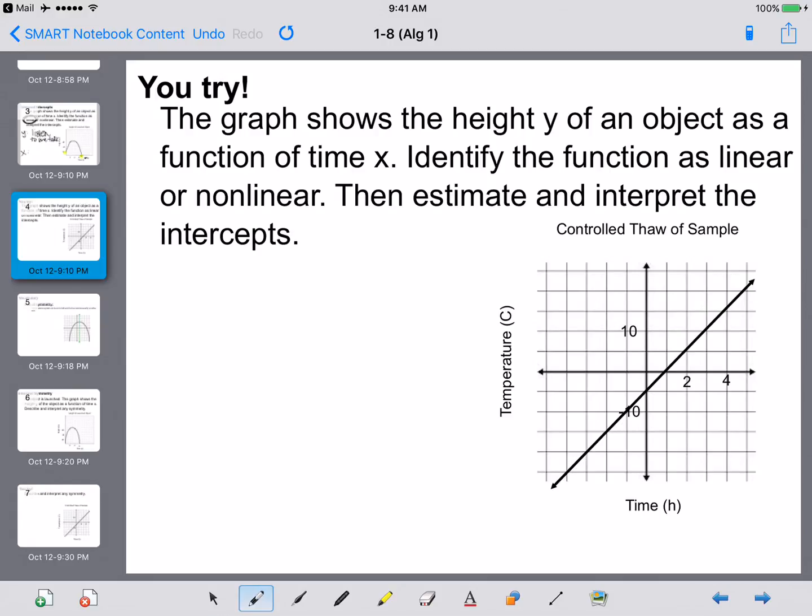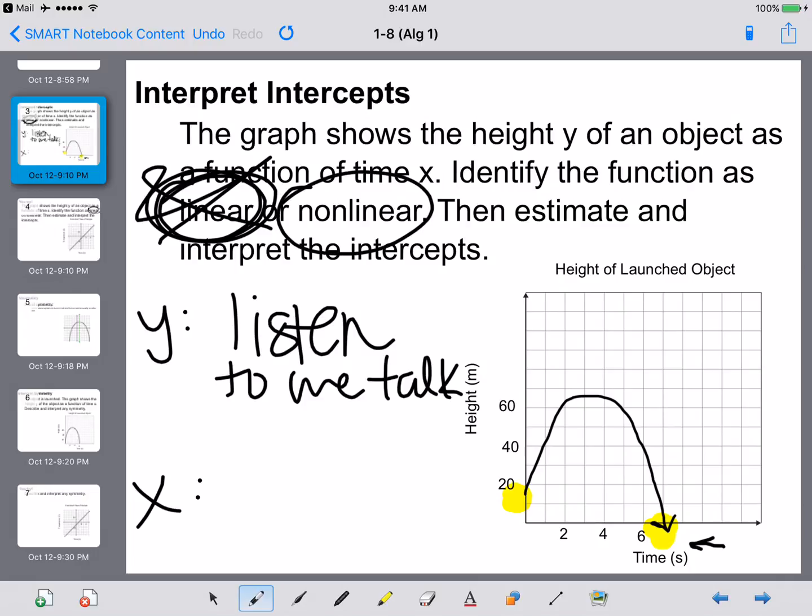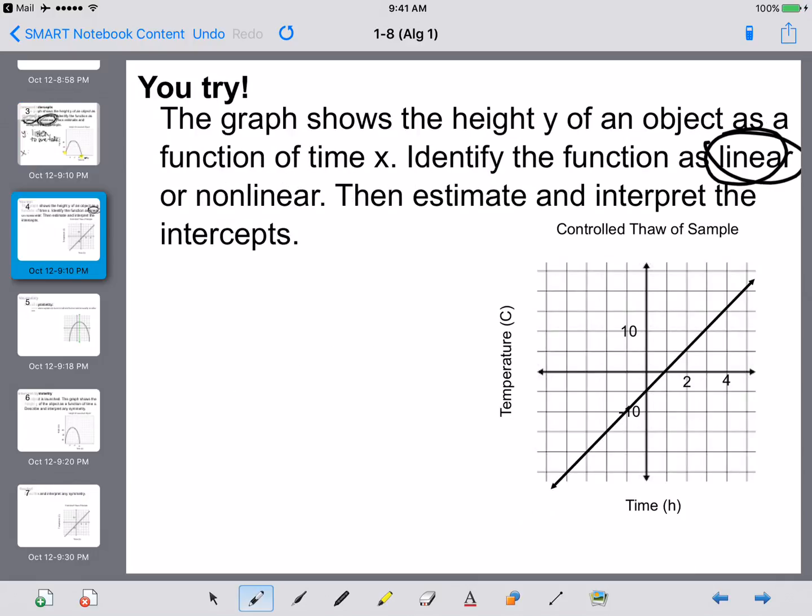So I want you to try. The graph shows the height of an object as a function of time x. Identify the function as linear or nonlinear, and then estimate and interpret the intercepts. Wow, it's hard to talk today. So, linear or nonlinear? It's a line, so it's linear. And oops, I circled totally the wrong thing last time. It was not linear, it was nonlinear, because it didn't make a line. Then we want to estimate and interpret the intercepts. So our y-intercept is here, our x-intercept is here.